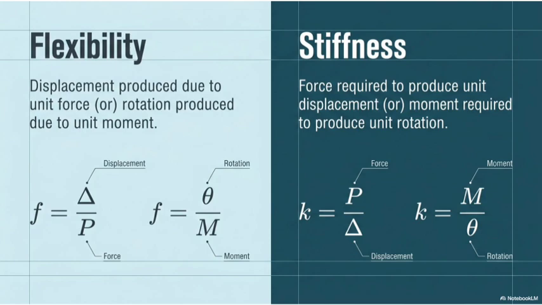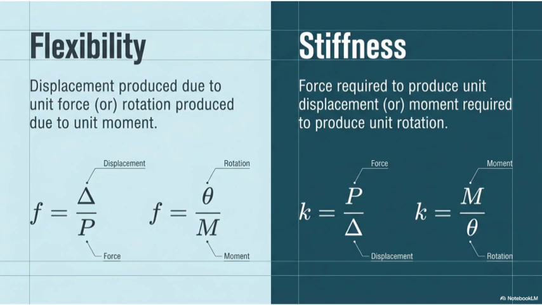The condition is that the applied force should be a unit force. Now stiffness. Stiffness is the force required to produce unit displacement. That is, you applied some force and that force resulted in a displacement.